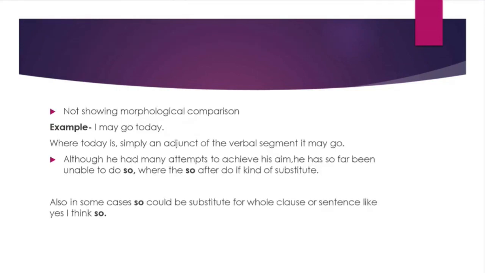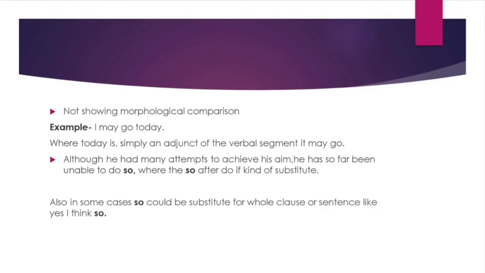Now, adverbs which do not show morphological comparison. For example, I may go today, where today is simply an adjunct of the verbal segment, may go. Although he had many attempts to achieve his aim, he has so far been unable to do so.